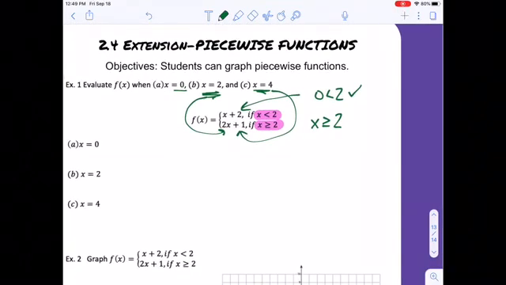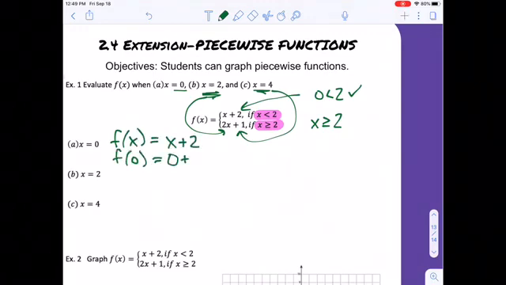So, for the first one, because 0 is less than 2, you will plug f of x, x plus 2. You'll plug in f of 0. For x will be 0, and you will get that our solution is 2.